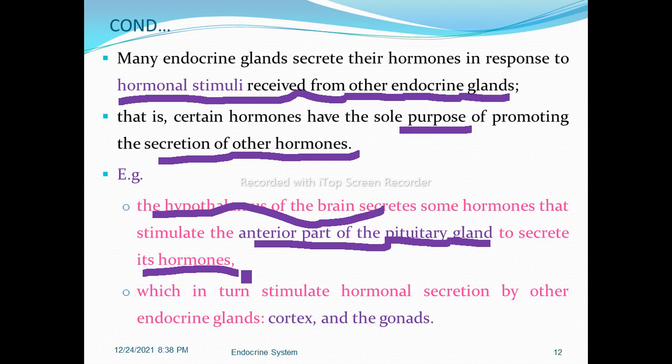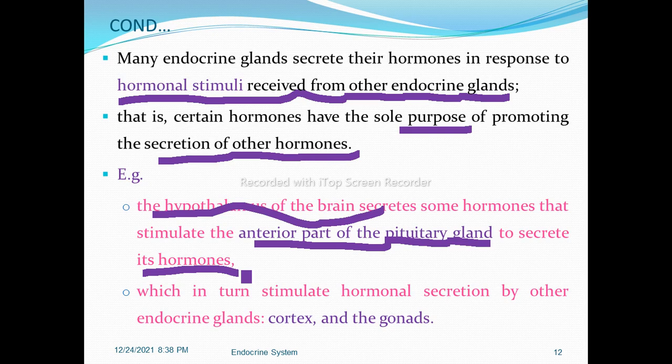This tells us that the hypothalamus secretes hormones that stimulate the anterior pituitary gland, which secretes about 8 hormones, and these hormones stimulate other organs to secrete their hormones.